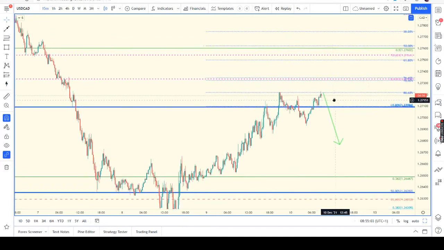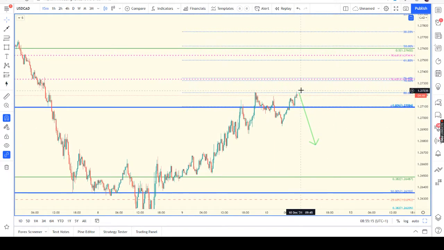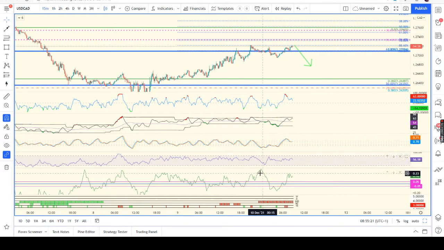And at the same time, I took a short right now at 127.22 exactly, and with a very tight stop on this short add. It's a big one, but very tight stop on the short add, because with this double top and with the signal we had, a short signal, we had another short signal here.